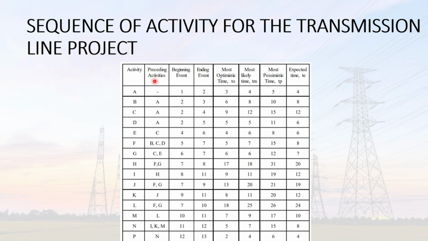With the activities and preceding activities, it is much easier for us to make our network diagram. By the expected time given, I managed to calculate our most optimistic time TO, most likely time TM, and the most pessimistic time TP.